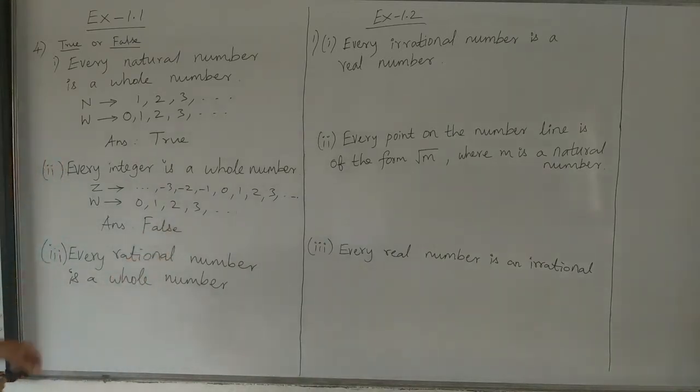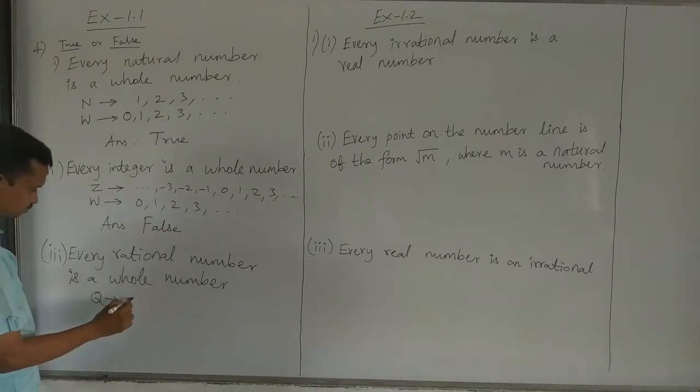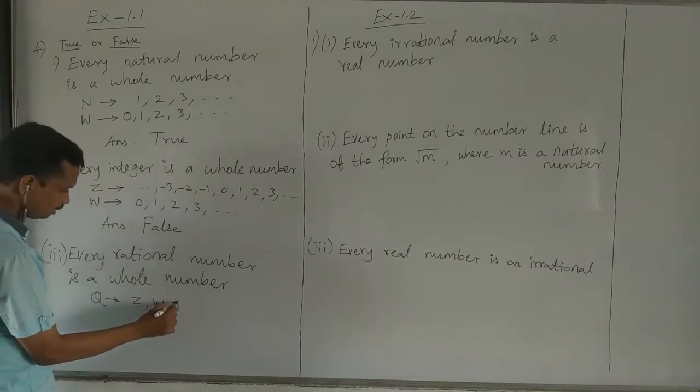And coming to the third option, every rational number is a whole number. Every rational number means Q. In this Q, the integers will come, all the whole numbers and natural numbers, everything will come.